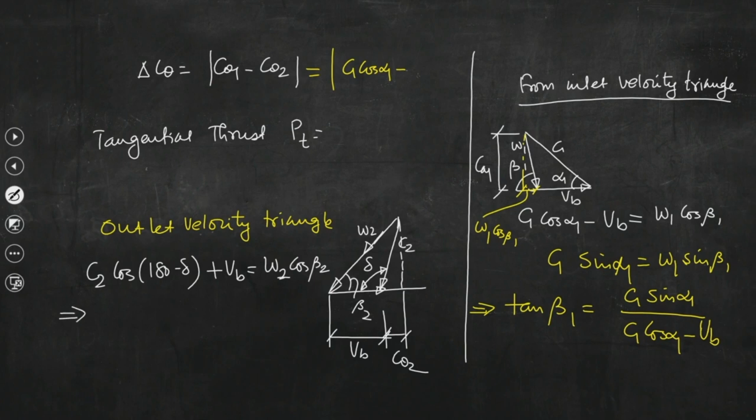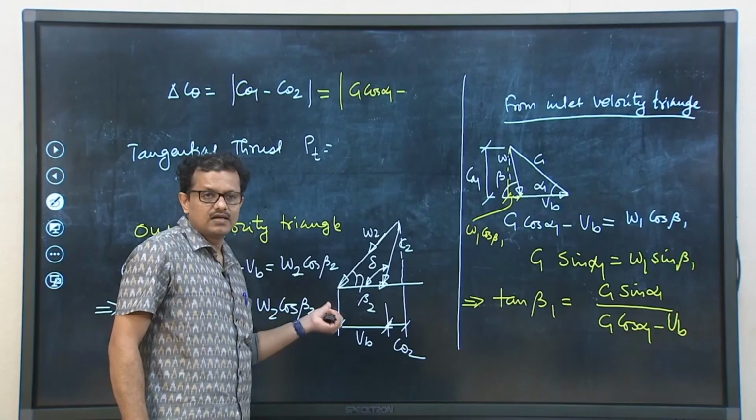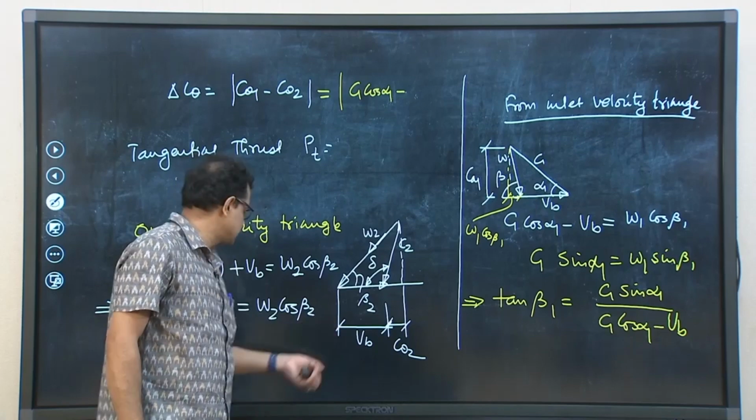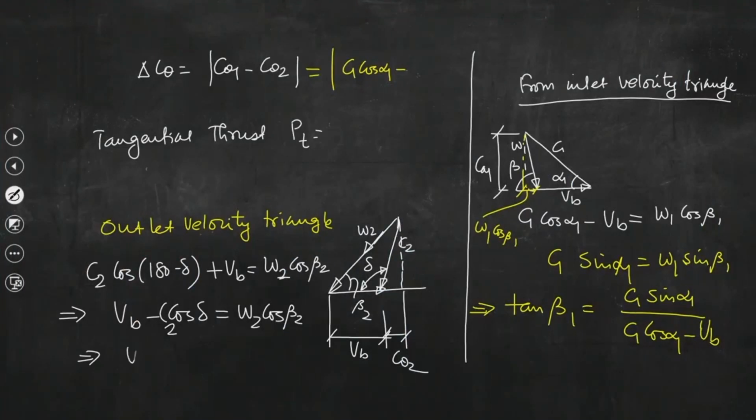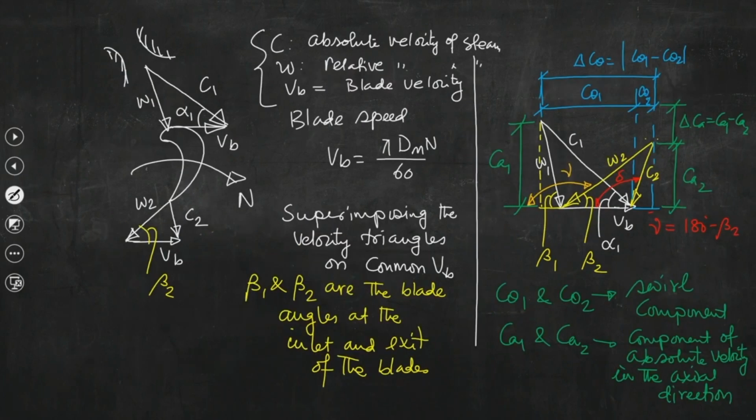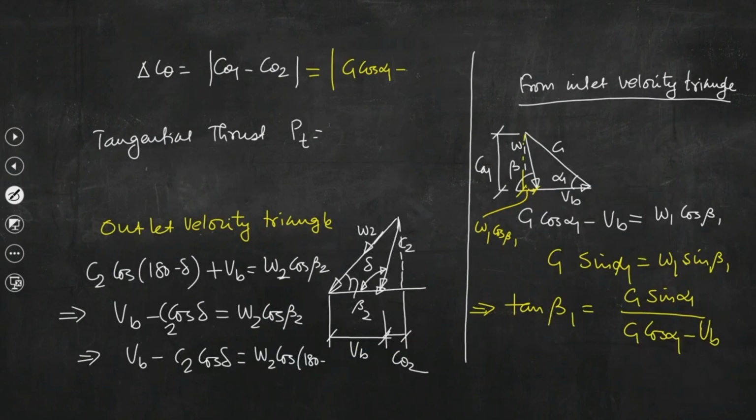That means, we can write Vb minus C2 cos delta equal to W2 cos beta 2. If we are measuring the angles in the clockwise direction, then it would be Vb minus C2 cos delta equal to W2 cos (180 minus gamma), because beta 2 is equal to 180 minus gamma, therefore, minus W2 cos gamma.